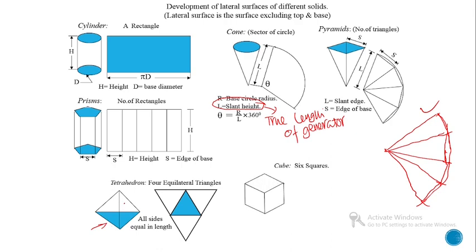Then the combination of 6 squares is the lateral surface development of the cube. In the case of cube, as in the case of this prism, we will get a combination of 4 squares. Then we can also add one square in the top face and one square in the bottom face.